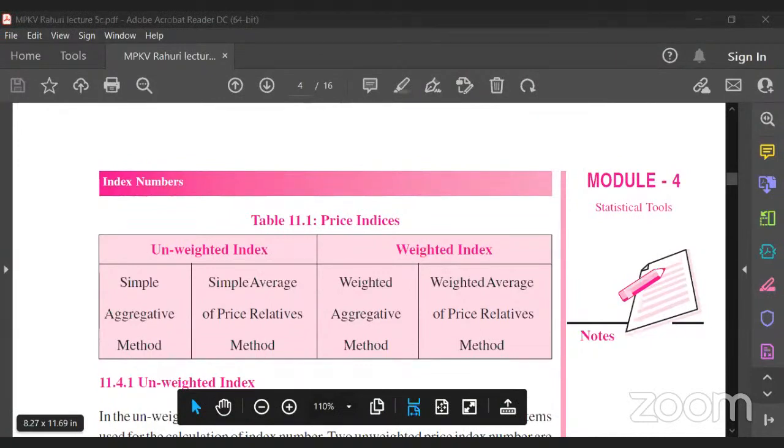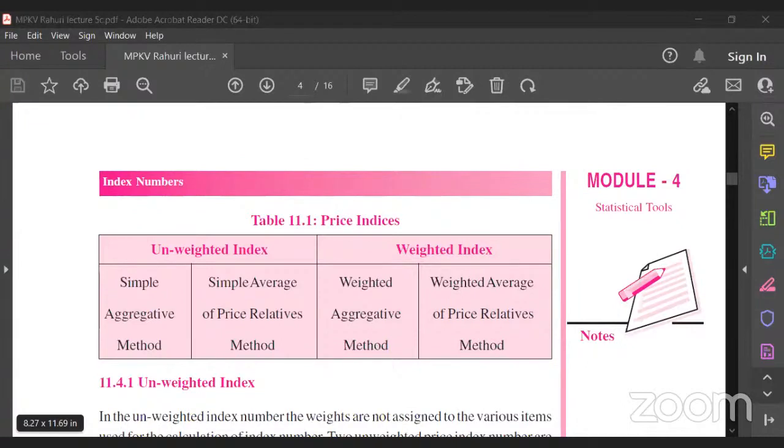Are you able to see the PPT slide? No, sir. I have tried to open one PPT slide.